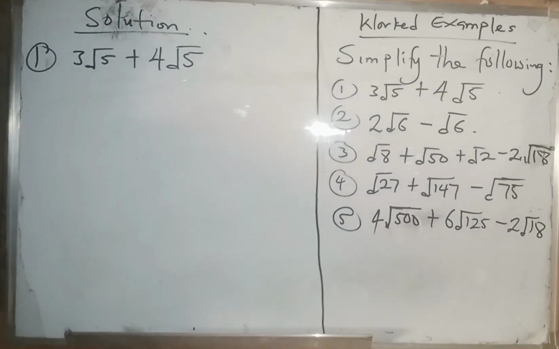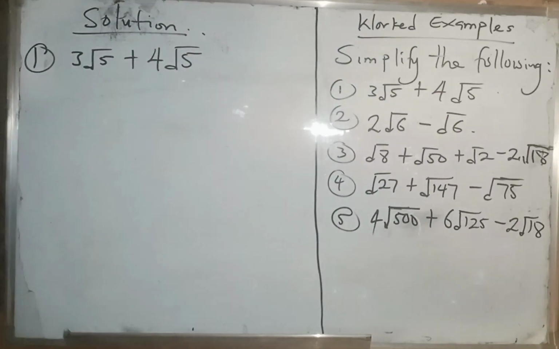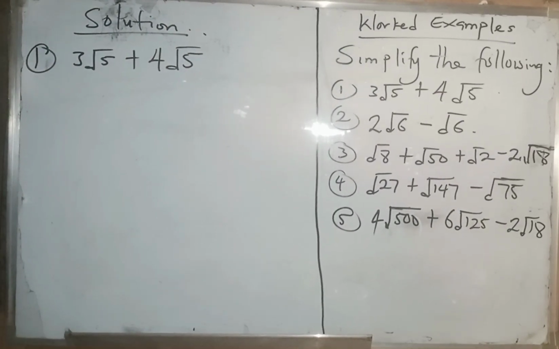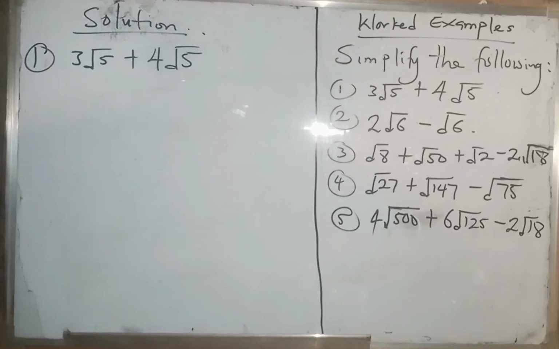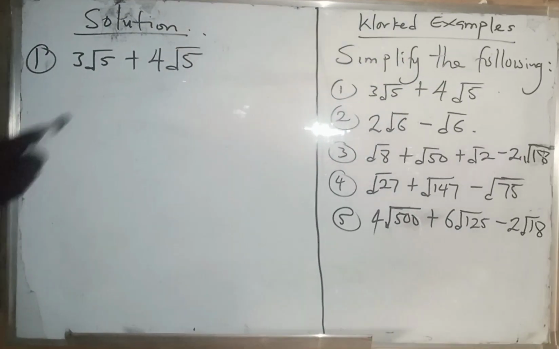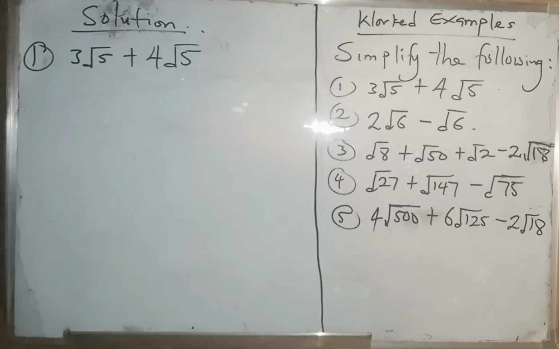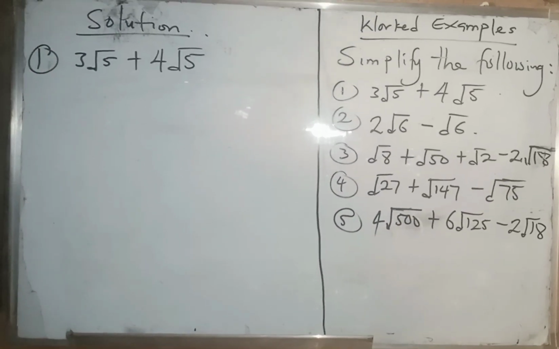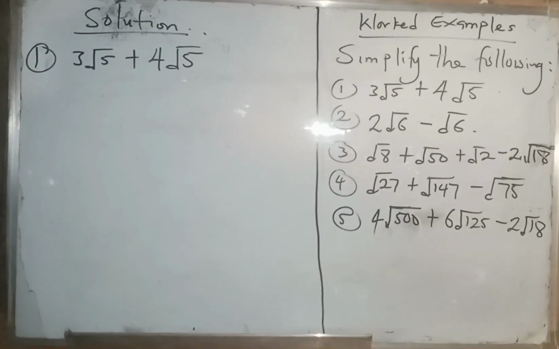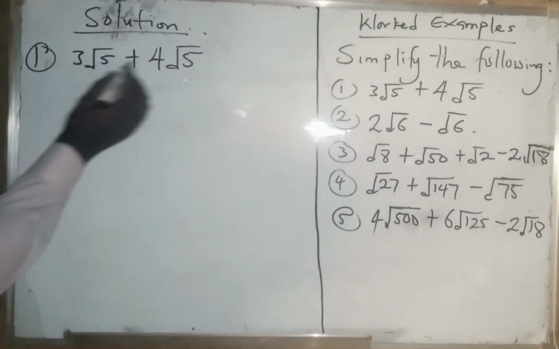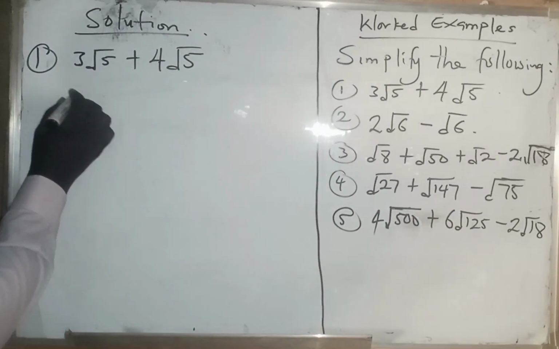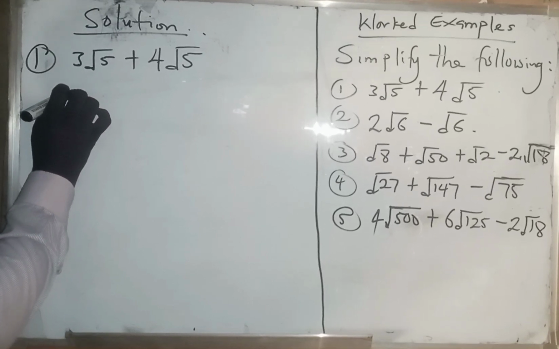As we explained earlier on, these two surds are like surds. They are surds in the same form, simply because the numbers inside the roots are the same. So we can easily add these two surds. To add the surds, as we explained earlier, you simply add 3 to 4 and you pick one of the surds.